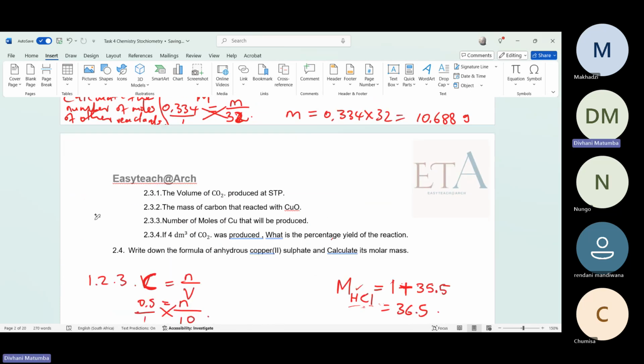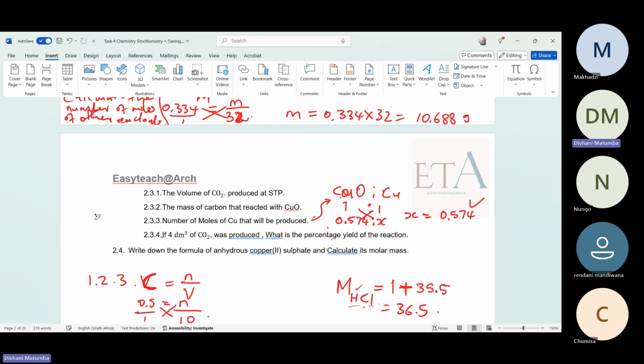To calculate it, the ratio of CuO to copper is 2:2, which is actually 1:1. The first step of dealing with stoichiometric equations is to calculate the number of moles using the given, which we have already done. The number of moles of CuO is 0.574, so 0.574 is to X. If you cross multiply, X is equal to 0.574, and that is correct.